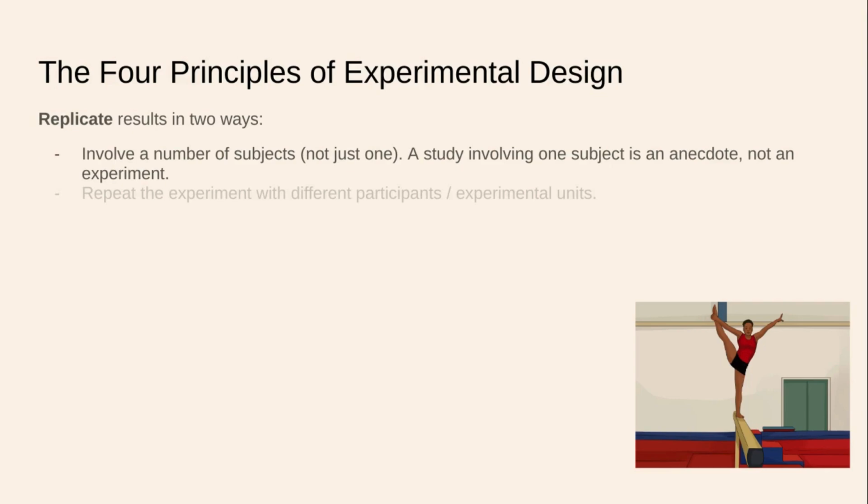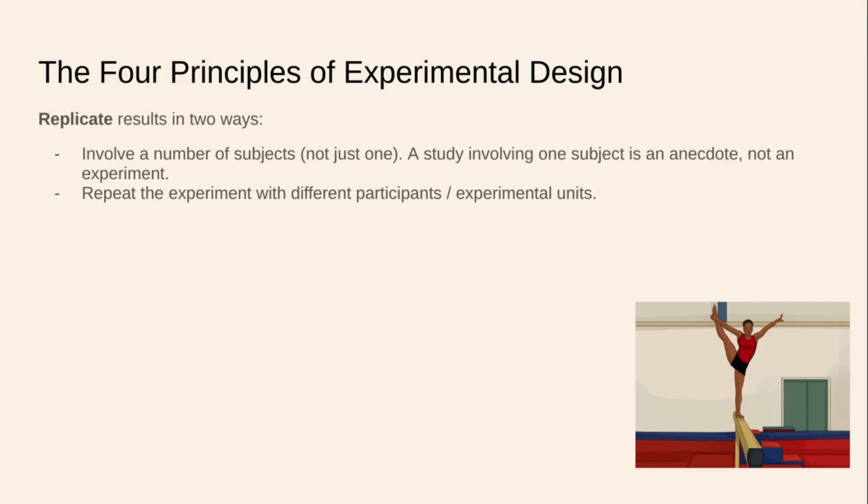It's pretty obvious. What's not as obvious is that one experiment, even if it's correctly done and yields a clear result, is not sufficient to really establish that result for researchers. We want to repeat the experiment with different participants or experimental units. So if one study yields a pretty obvious result, that is not the be-all and end-all.